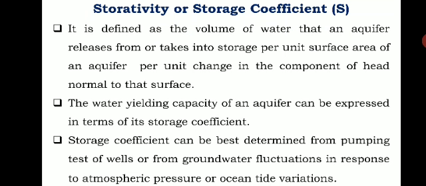There will be a downward movement of the water also, so that will affect it. With respect to that, and even with respect to the atmospheric pressure, the yield of that aquifer is called the storage coefficient. So the storage coefficient can be determined by a pumping test of the well, or you can observe the groundwater fluctuations happening in a well with respect to the atmospheric pressure or the tidal variations.